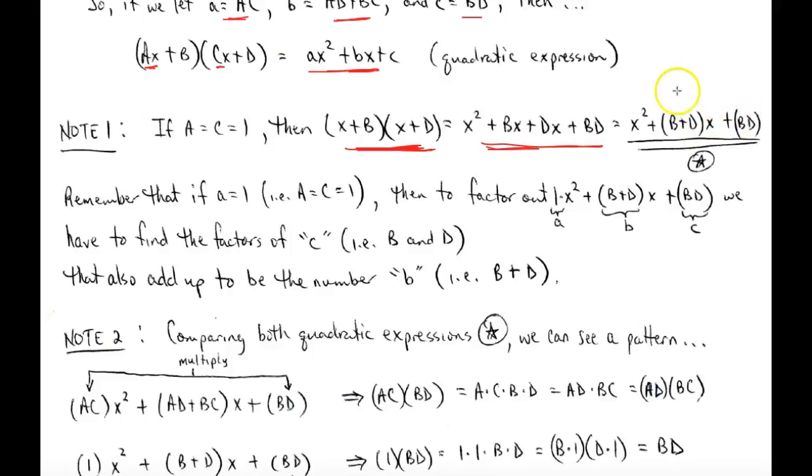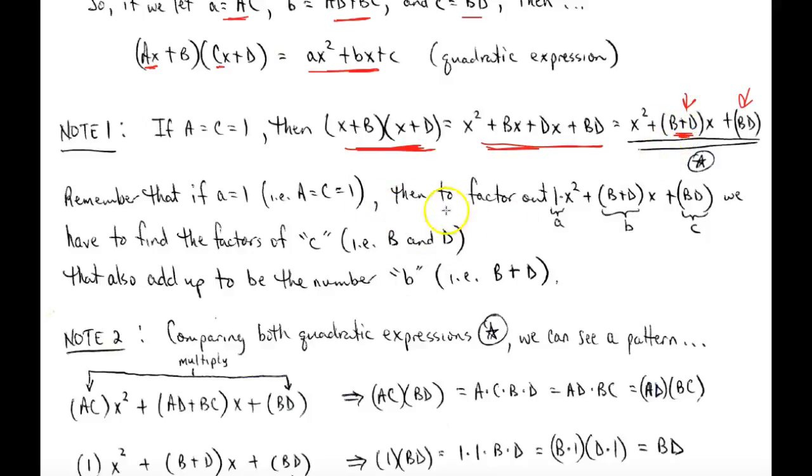And so if you notice, we always asked ourselves, what times what will give me this number, to where that plus that, the factors, if we added the factors together, it would be this middle number here.